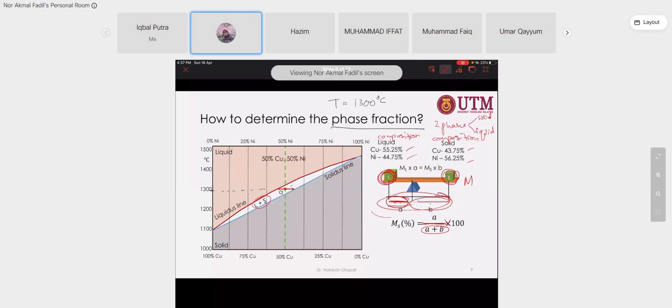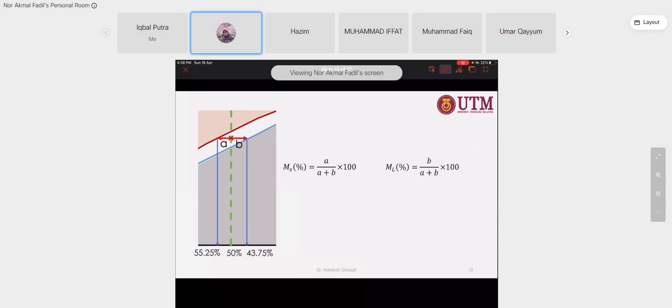Then they will obtain the equilibrium state. So for MS, S is located here, so the fraction needed is A divided by total length, but liquid is here, so we take B divided by total length.